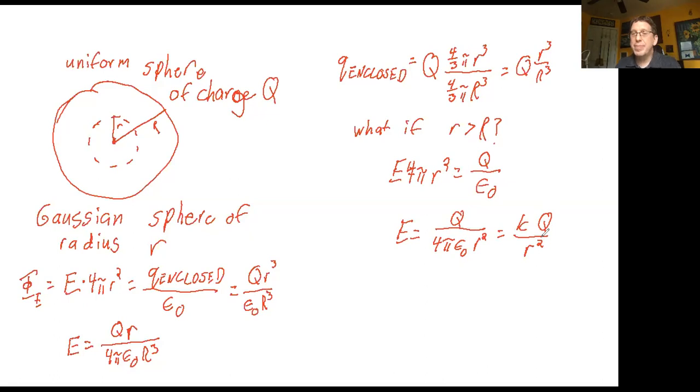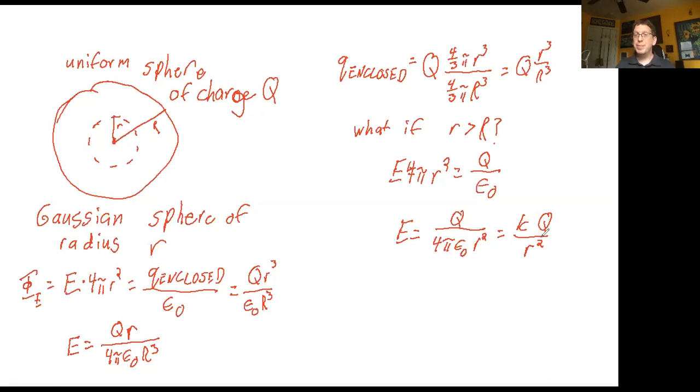That's the same as the electric field due to an individual source charge located a distance r away from where you're evaluating the electric field. So what does that mean? That outside of a sphere, the electric field is the same as it would be if all the charge in the sphere were located at a single point in the center.